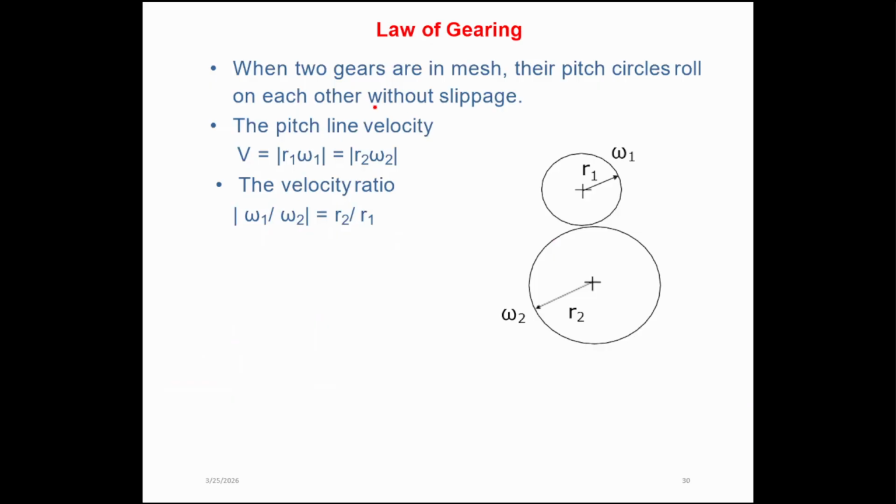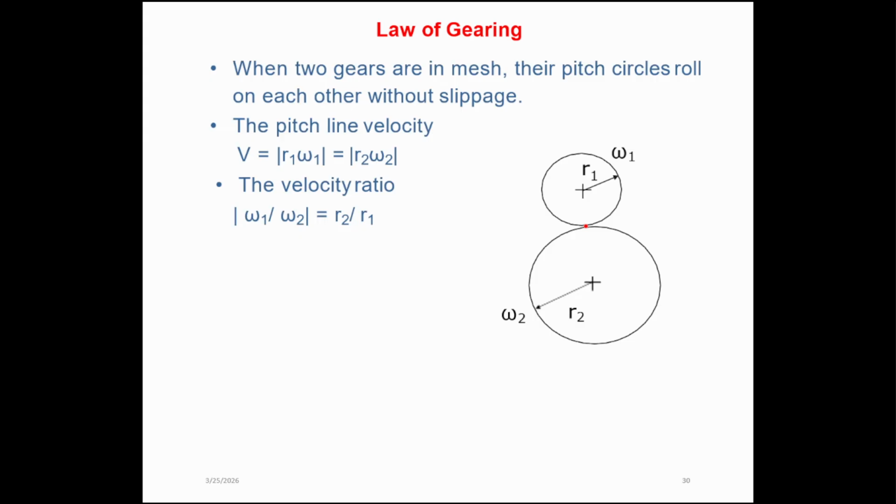Then the second law of gearing: you need to assume that these gears are friction wheels, or we can consider the pitch circles of the gears at the pitch point or contact point.